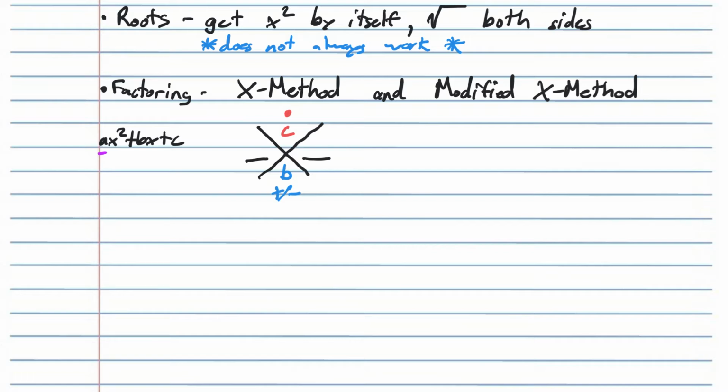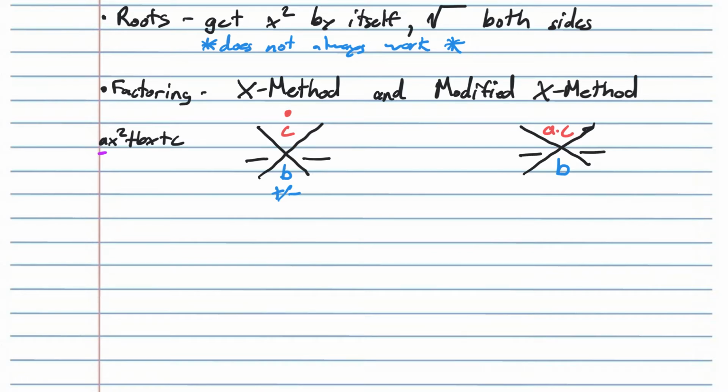Modified X method was slightly different, right? You know it's a modified one when there's an A value that's not 1, right? So if it was like 2x squared, that would be a modified X method question. The way that works is we have to adjust a little bit. Instead of just having C up top, we actually have to multiply A times C together, and that goes up top. And then the B value still goes down below, and we're still looking for those two numbers, right?